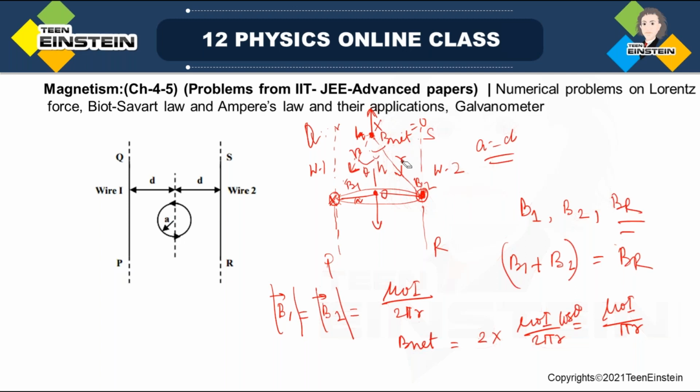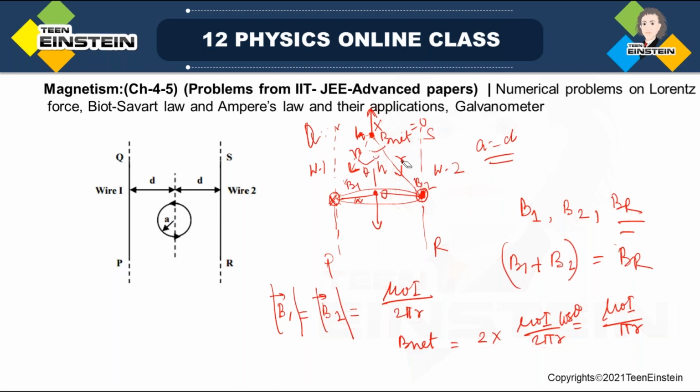So B net we have got, that is the magnetic field due to the loop or ring will be, this is mu 0 I h by pi r square, and that we know mu 0 I a square divided by 2 into (a square plus h square) to the power 3 by 2.